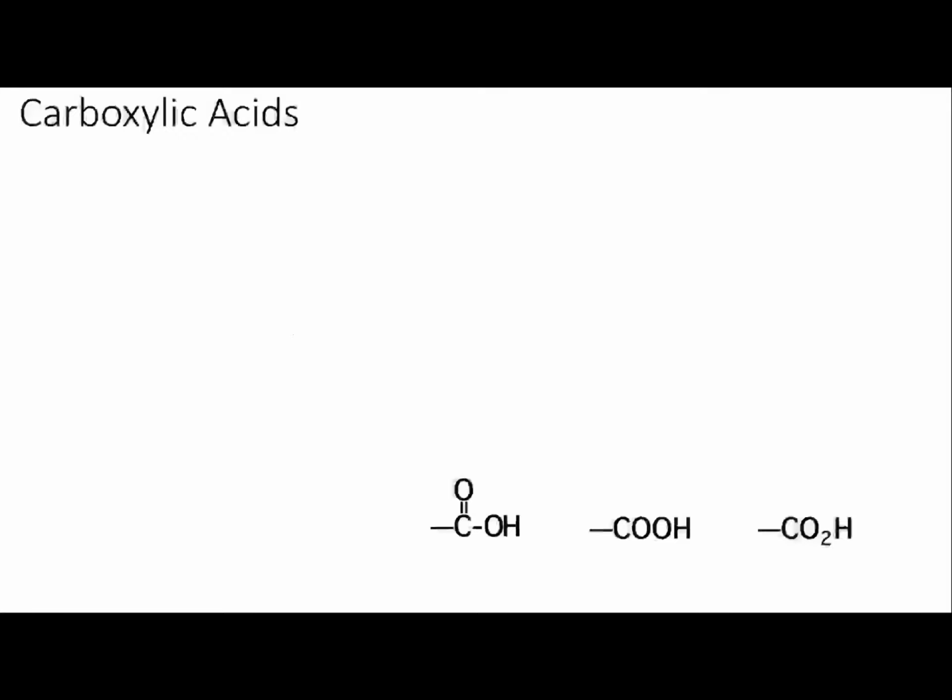So carboxylic acids are another class of organic compound containing the carbonyl group. Remember, the carbonyl is that C double bond O that we see not only in aldehydes, which have a hydrogen on the end, and then this could be the rest of the molecule, but also in our ketones, where, let's explicitly show our carbon here.